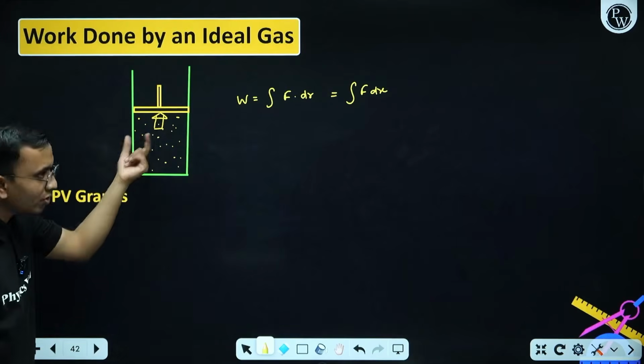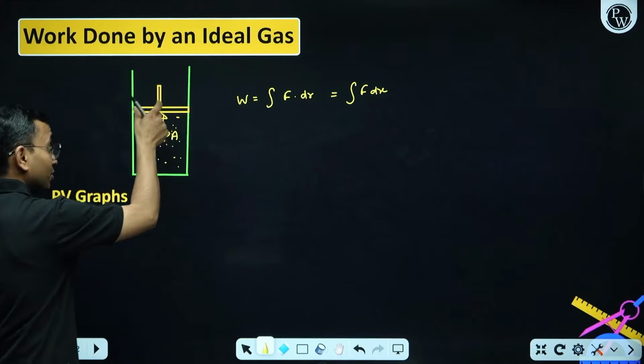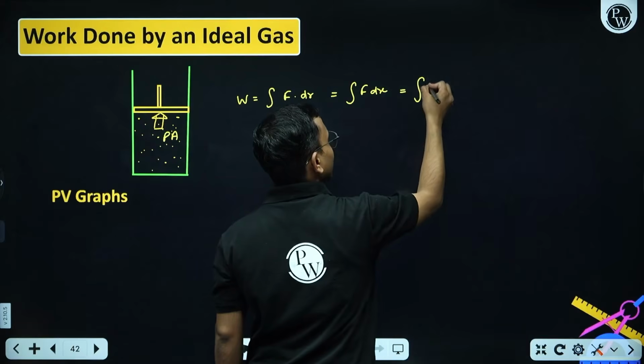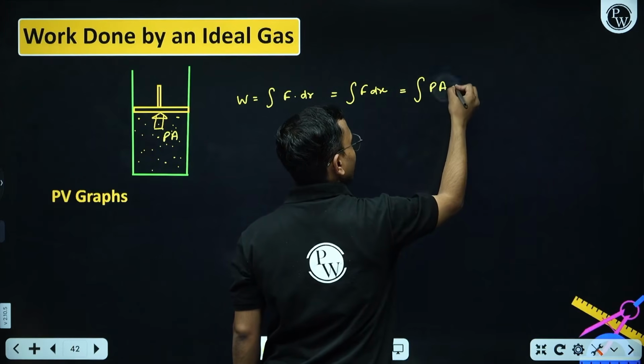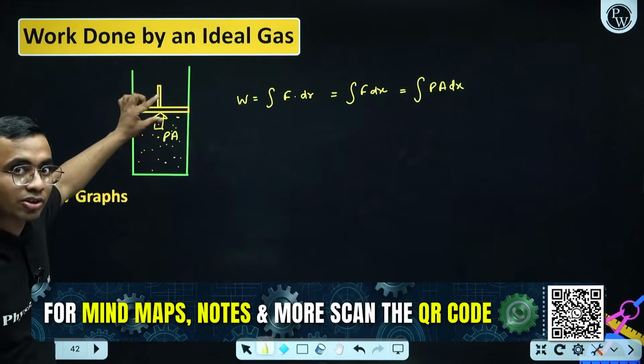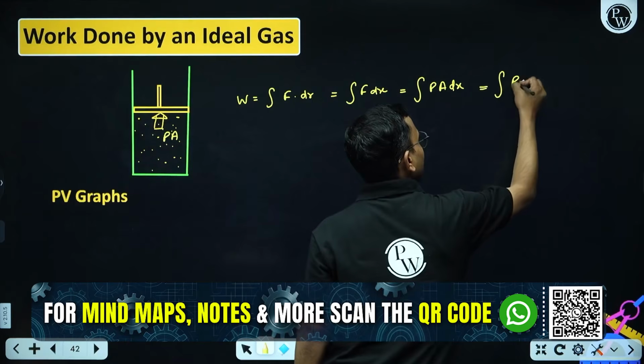How much is this force? Force will be equal to the pressure inside times the area of the piston. A is the area of the piston, so this becomes the integration of pressure times area of the piston. What is A dx? A dx will be the change in the volume, that is dV. So this becomes the integration of P dV.